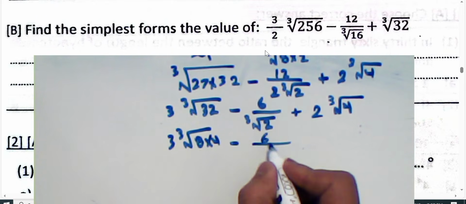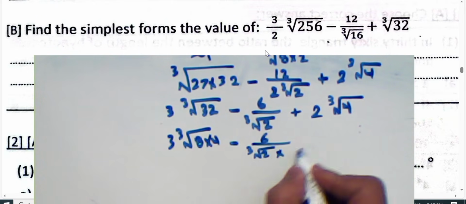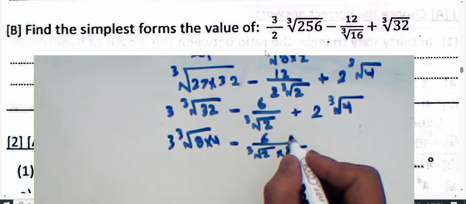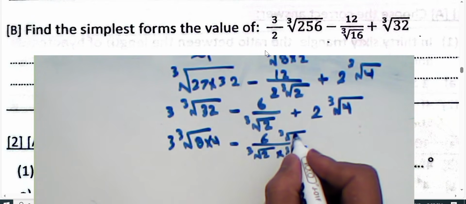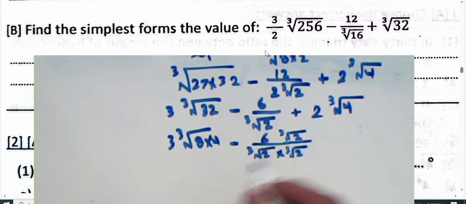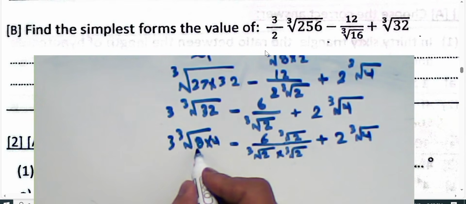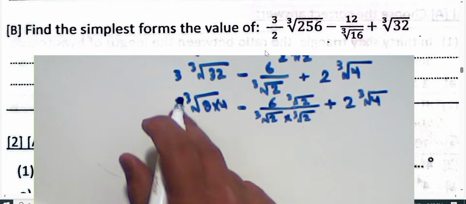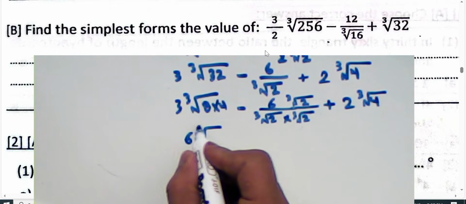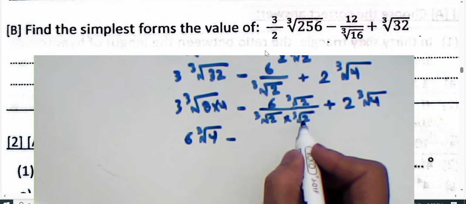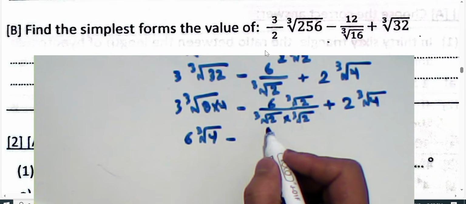Right, 6 cubic root of 2 product by cubic root of 2 product by cubic root of 2. And then simplest it. Cubic root of 8 equals 2. 2 times 3 equals 6. 6 product by cubic root of 4 subtract by cubic root of 2 product to cubic root of 2 equals cubic root of 2.